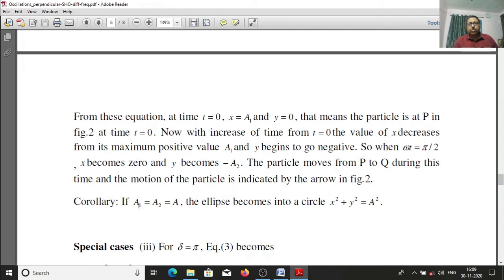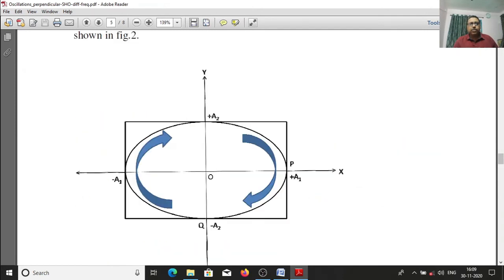When omega t equal to pi by 2, x becomes 0 and y becomes minus a2.